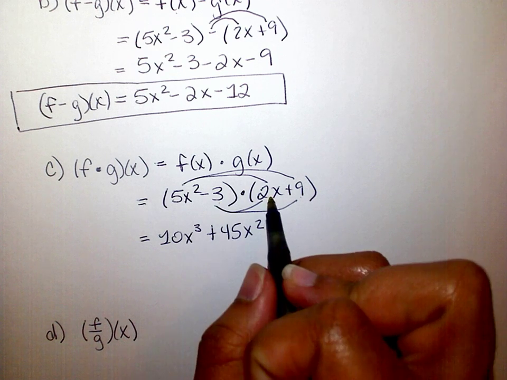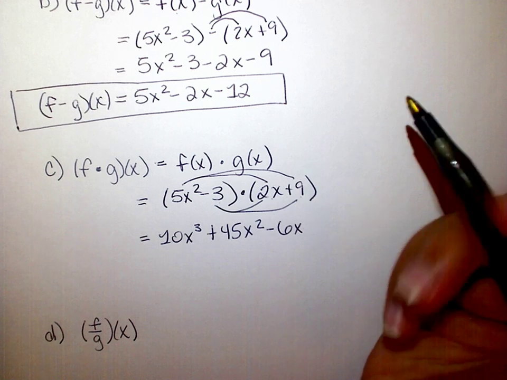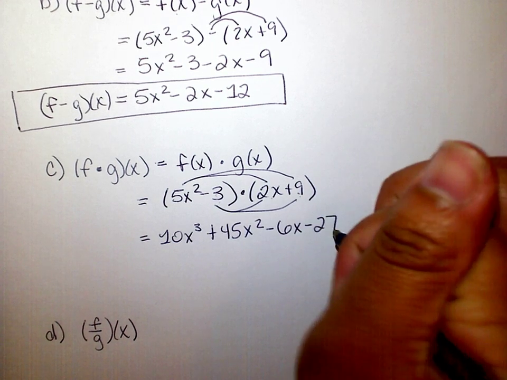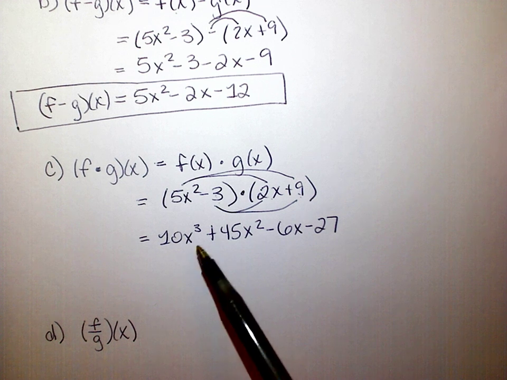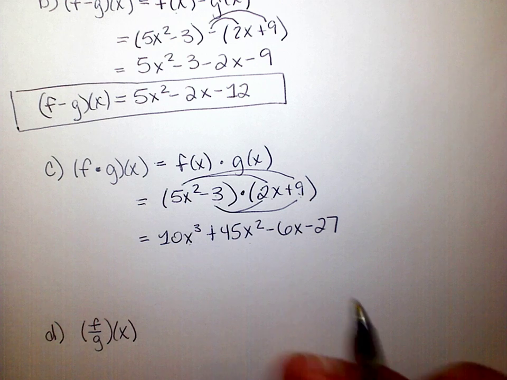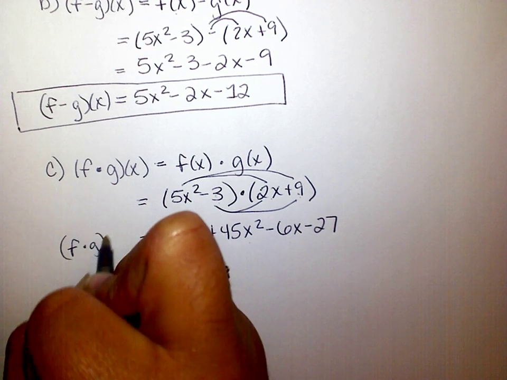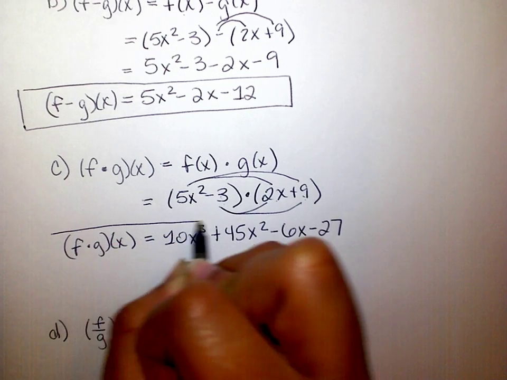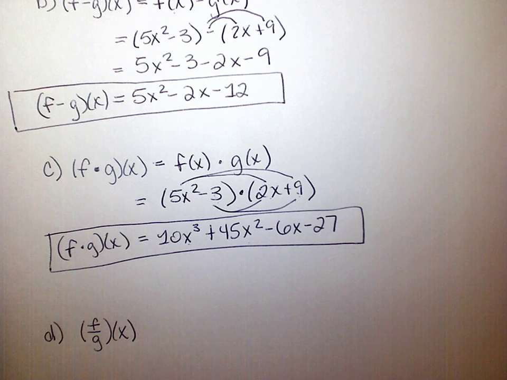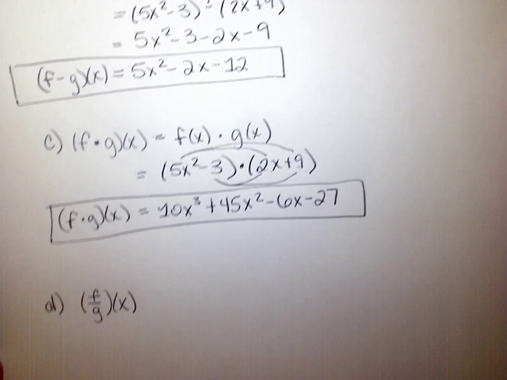Negative 3 times positive 2x gives us negative 6x. And negative 3 times 9 gives us negative 27. So we can't combine any like terms because we have none, so this would be our final answer. Alrighty, so let's take a look at D.